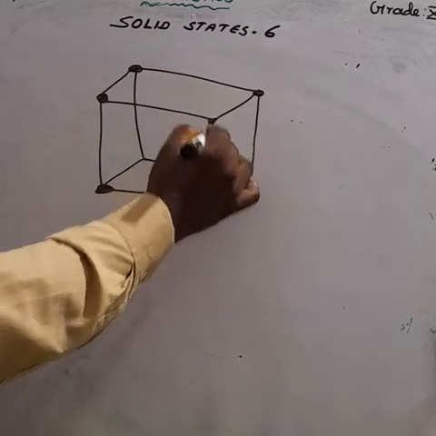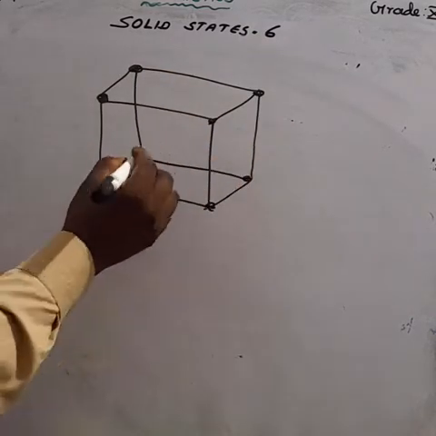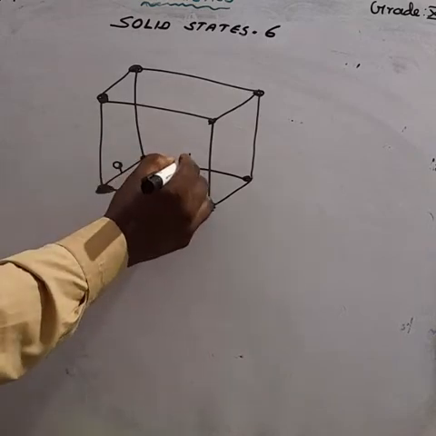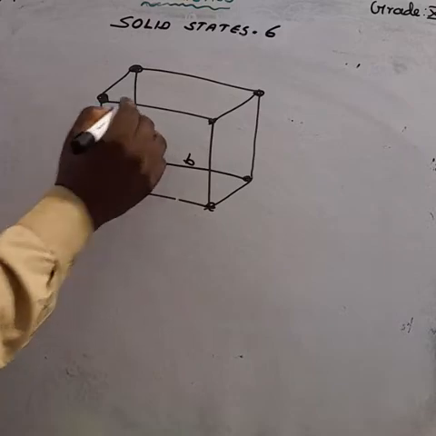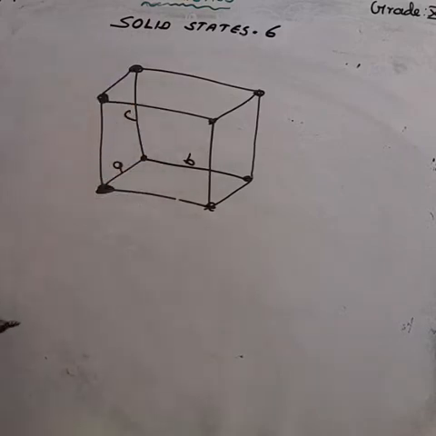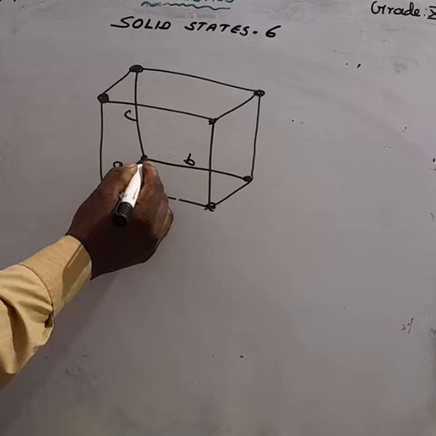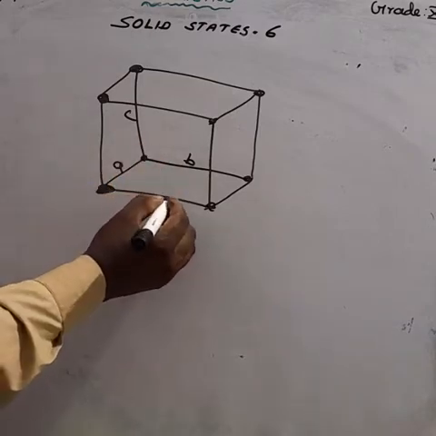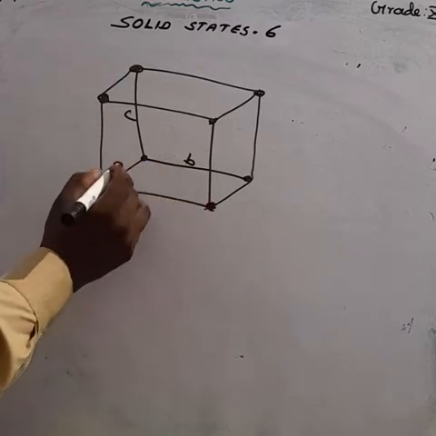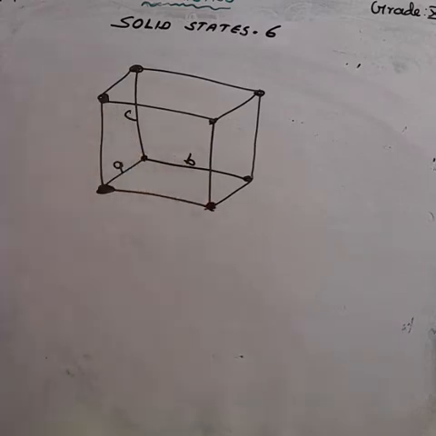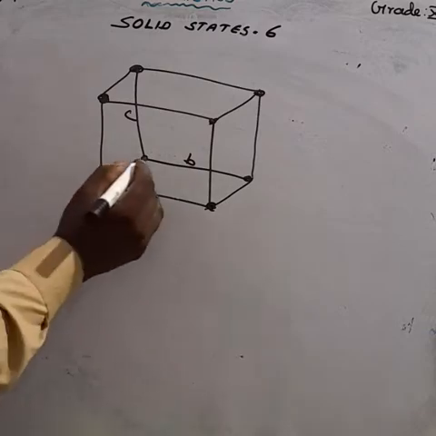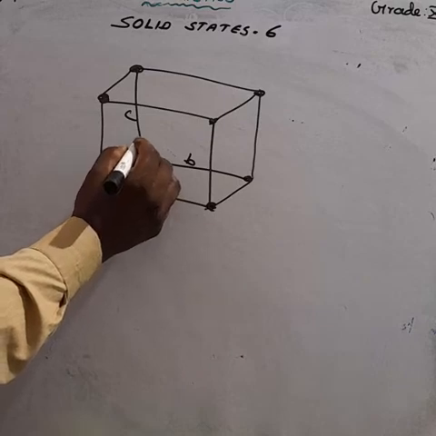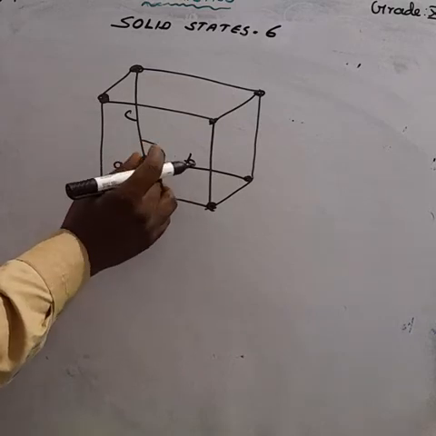Here I am taking A, this is B, this is C. Imagine this is the unit cell, A, B, C. Here this angle is 90 degrees, am I right?